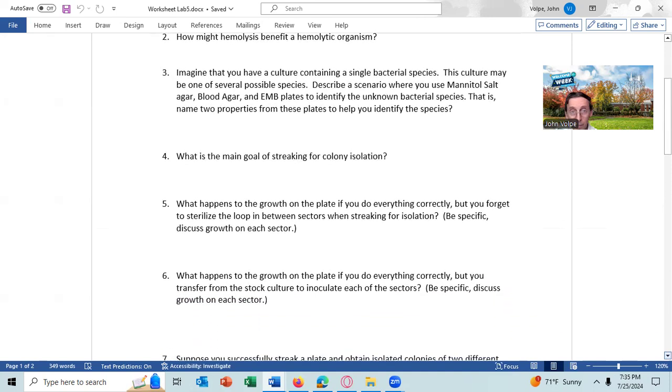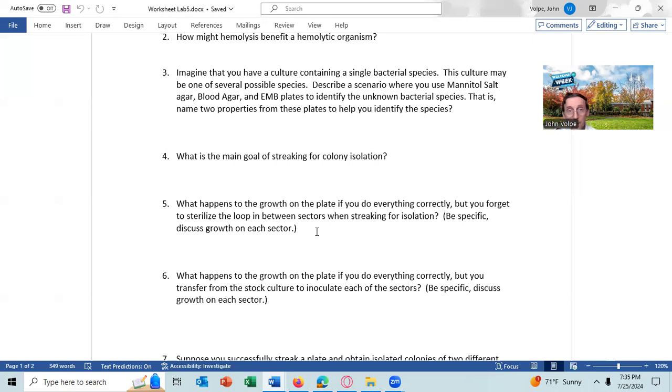And then 4, what is the main goal of streaking for colony isolation? 5, what happens to the growth on the plate if you do everything correctly, but you forget to sterilize the loop in between sectors when you're streaking the plate for colony isolation?